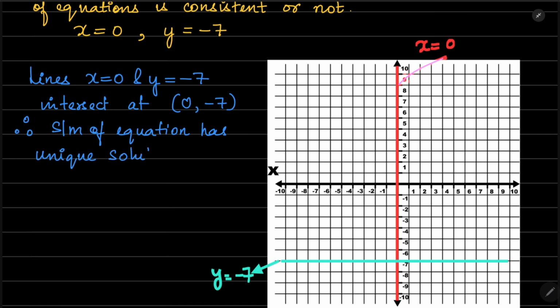What do you mean by unique solution? Just one solution. And what is that solution? X is 0, y is minus 7. This is the solution. And is the system consistent or not? Yes, the system is consistent.